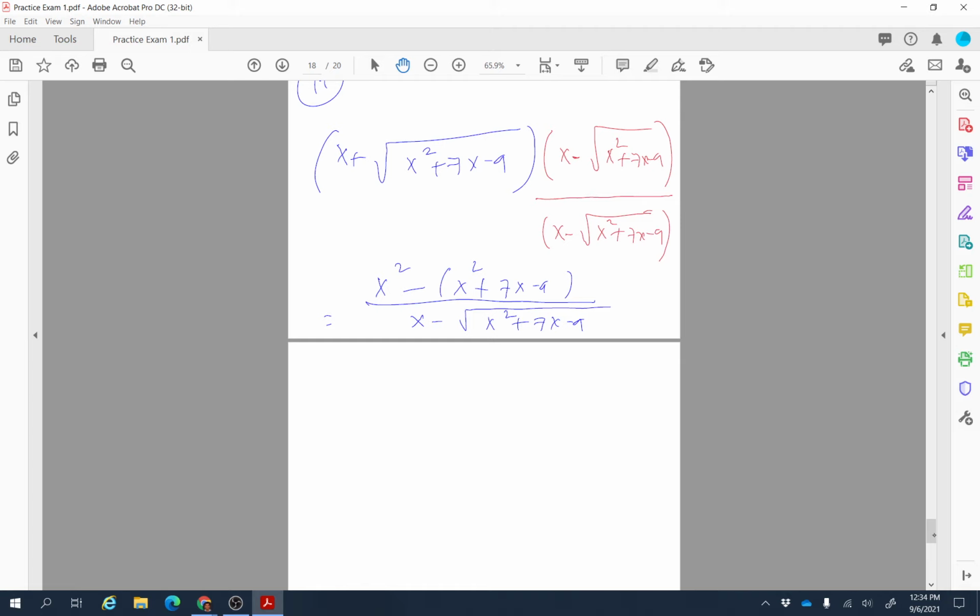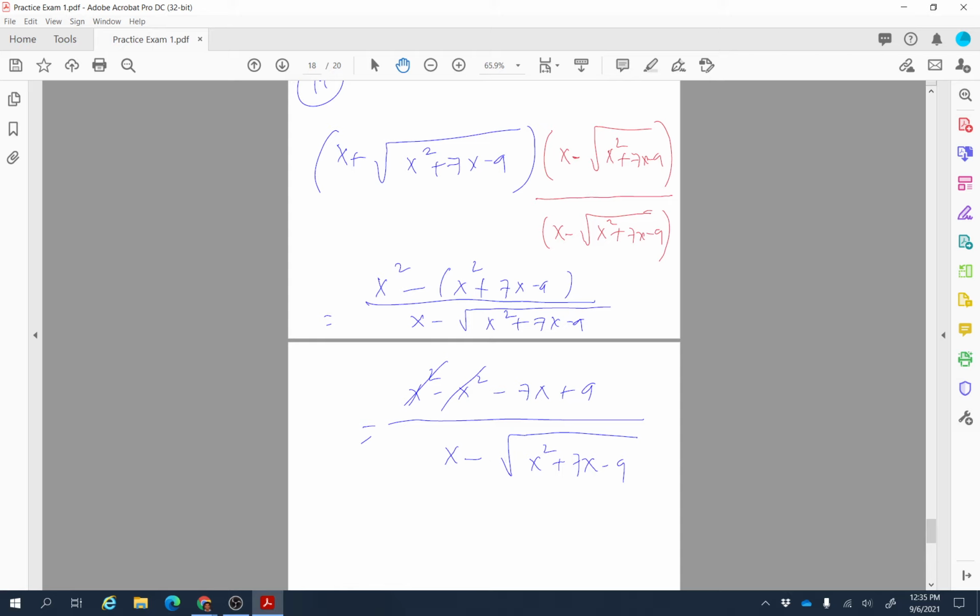So on the top, we can simplify to x squared minus (x squared plus 7x minus 9), over x minus the square root of x squared plus 7x minus 9. So the x squared cancels out, and on the top we will have negative 7x plus 9, and on the bottom we will have x minus the square root of x squared plus 7x minus 9.